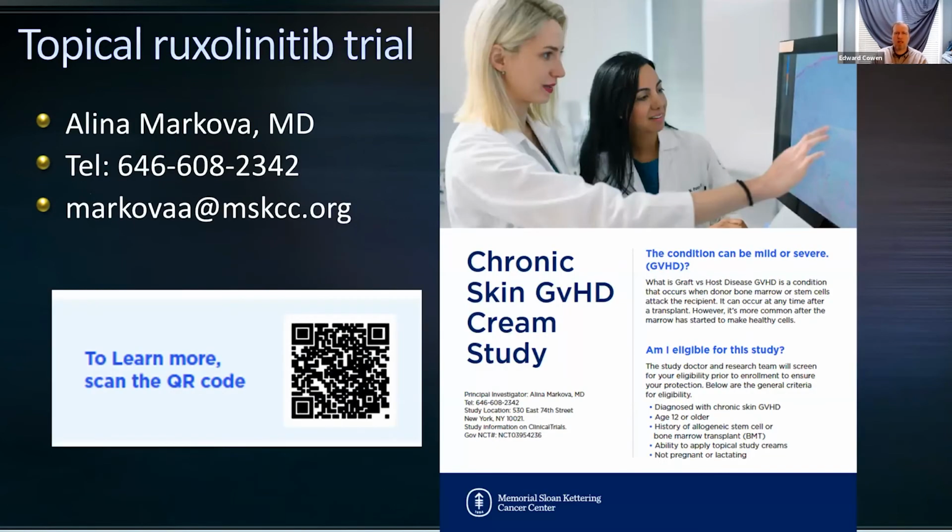We had a trial at the NIH that we had to close due to slow recruitment during COVID, but there is an ongoing trial with the topical form of ruxolitinib at Sloan Kettering in New York City. If you have skin involvement and you're interested, my understanding is they're still recruiting a few additional patients, and you can help us determine whether or not this is a useful additive topical treatment for patients who have skin involvement.